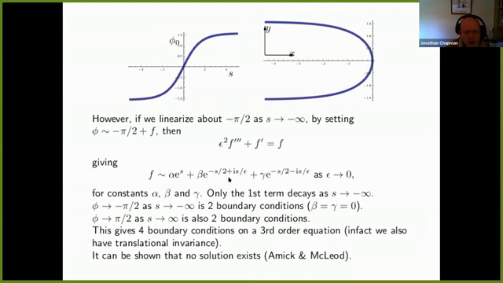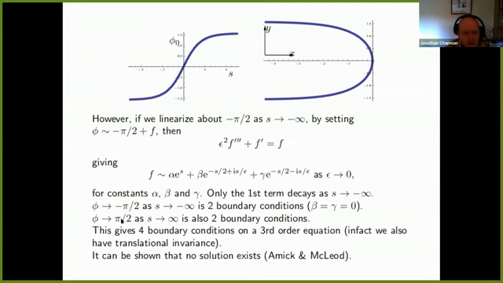So there are 3 arbitrary constants here, but if I say that phi goes to minus pi over 2 as s goes to minus infinity, that kills 2 degrees of freedom. It says that beta and gamma should both be 0. So effectively, that far field behavior is 2 boundary conditions because it's killing 2 degrees of freedom.